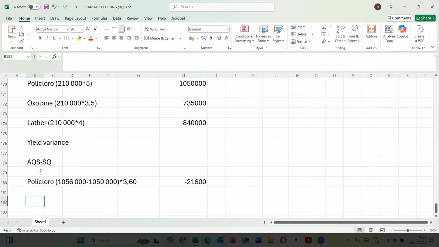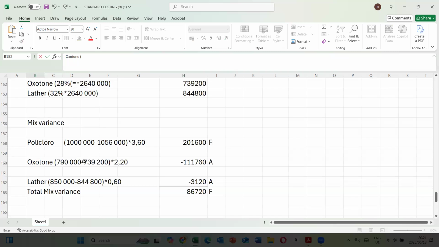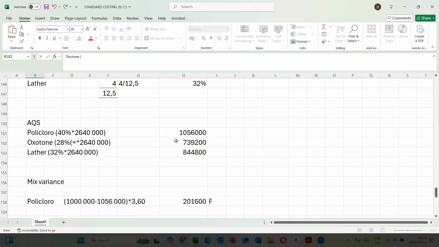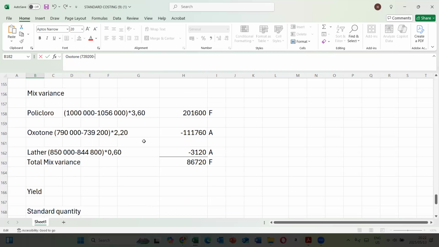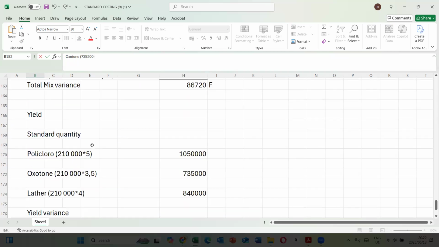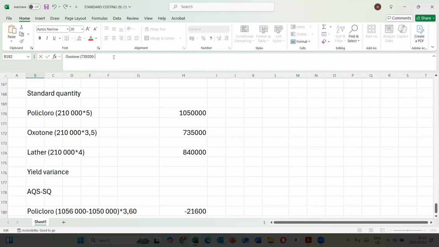And then we have oxton. This is the actual quantity in standard mix, we have 739,200 minus the standard quantity, which we said is 735,000.